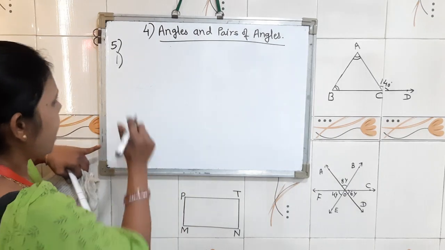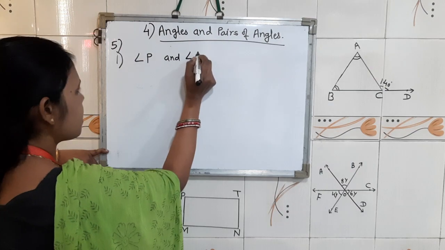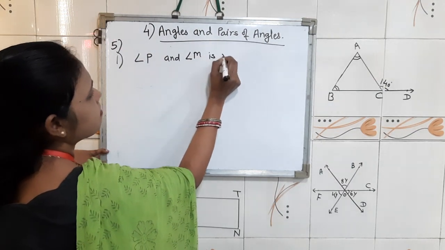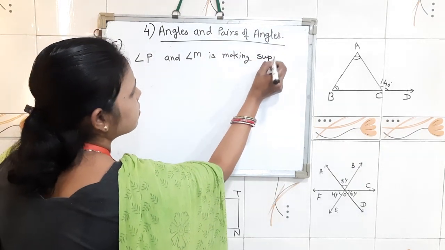So children, angle P and angle M are making supplementary angles.